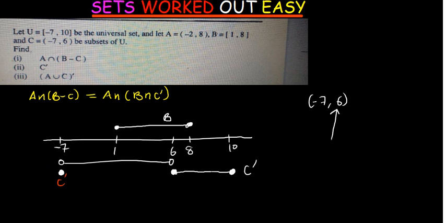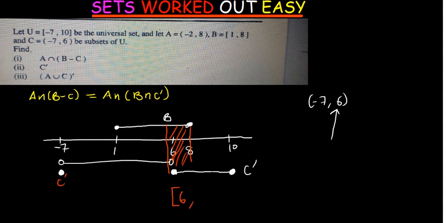So what we are doing is B intersection C complement. Now the C complement, where is it intersecting with the set B? So their intersection is just this region here, between 6 and 8. That is where the two sets are intersecting. We can see that 6 is in C complement, 6 is also in B, so 6 is going to be included in their intersection.